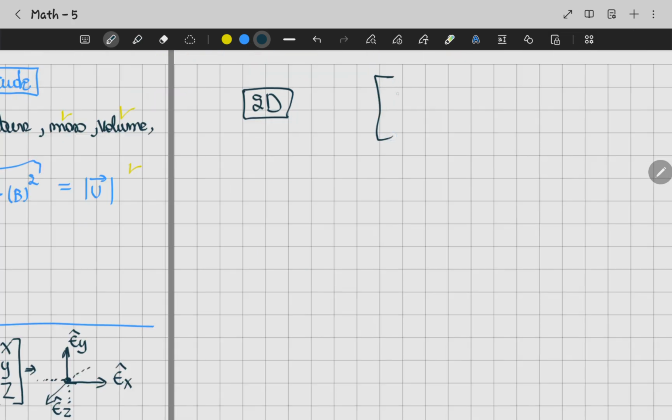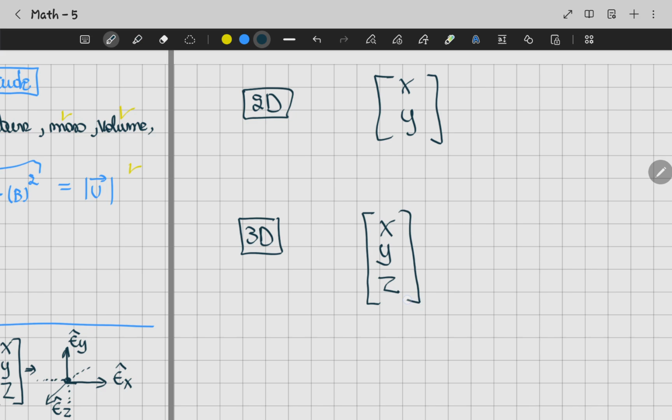So in short, when you talk about 2D, this is what we see, x, y. Then when we cover 3D, it's actually x, y, z. If I have to represent it, it could be something like this. So we have x and y. And then when we see 3D, we get something like this.